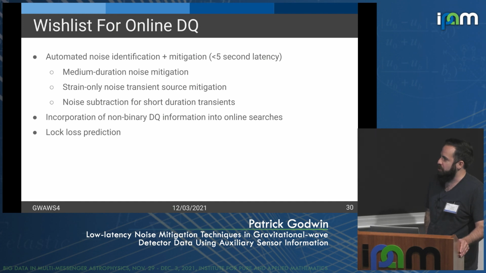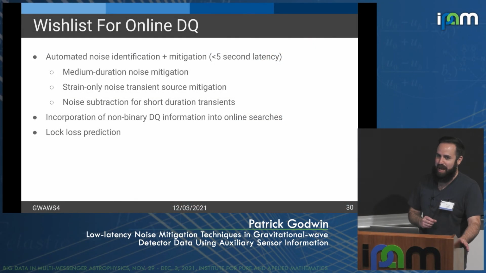Some other things that are very much well in the works now, but still very much an open problem, is incorporating non-binary data quality information into online searches. So up until now, a lot of what we worked on in the searches is applying vetoes and doing things like auto gating within the searches, but being able to incorporate probabilistic information is very much an open problem.